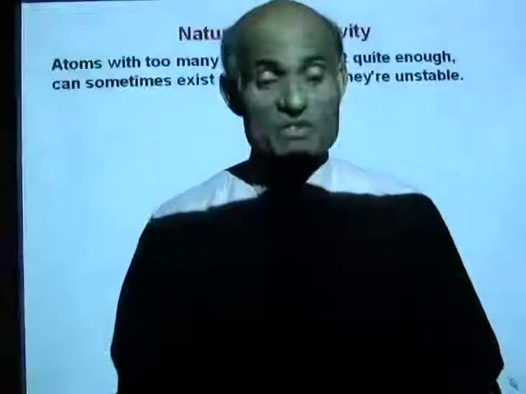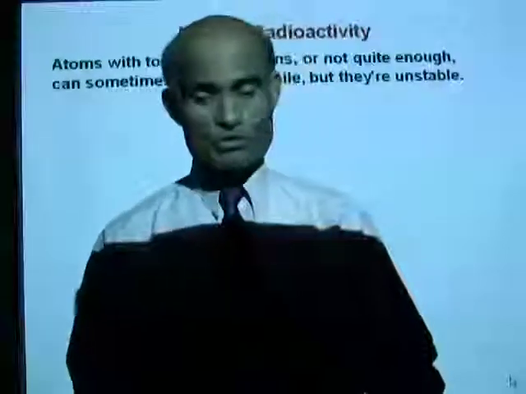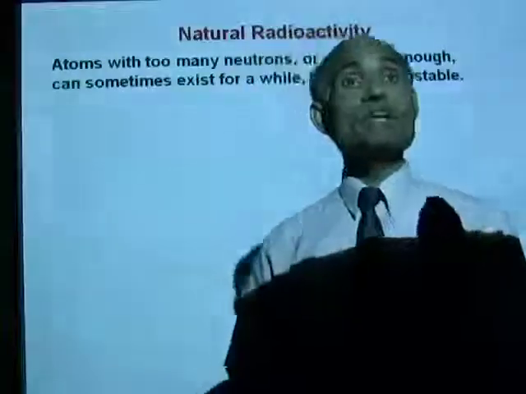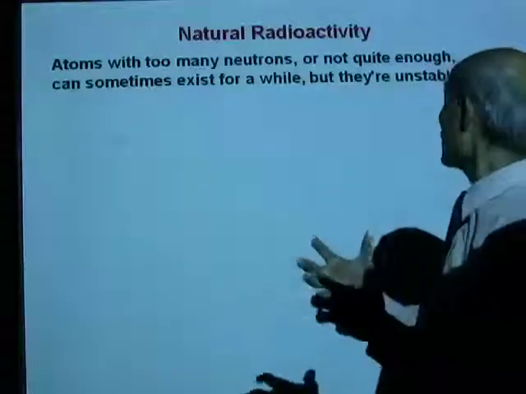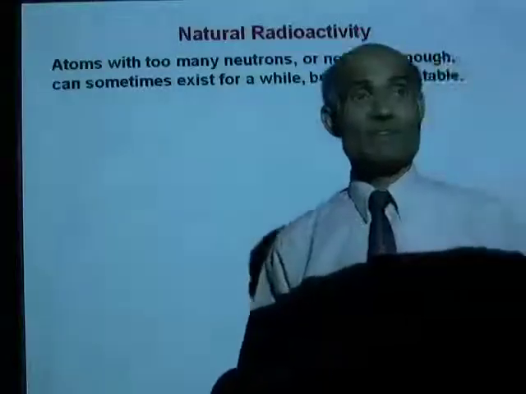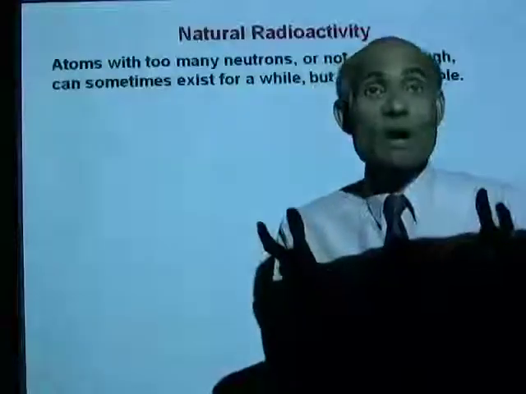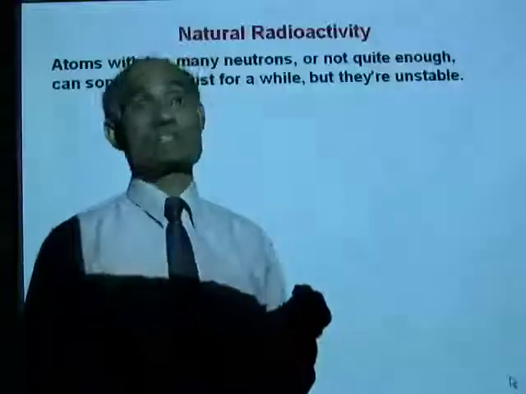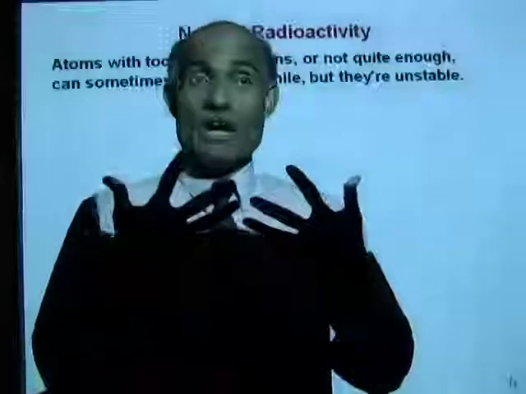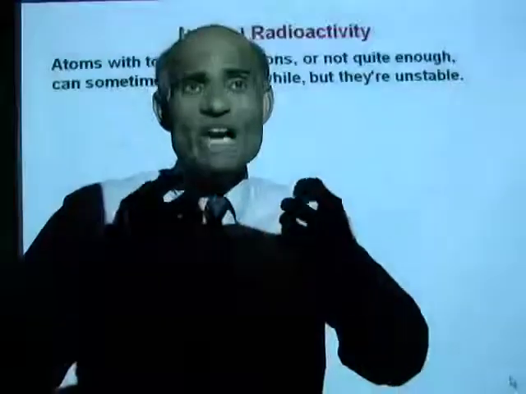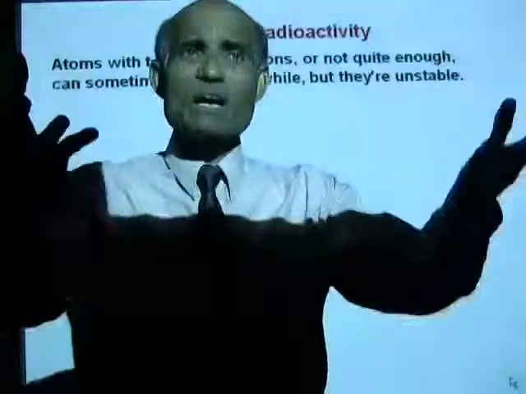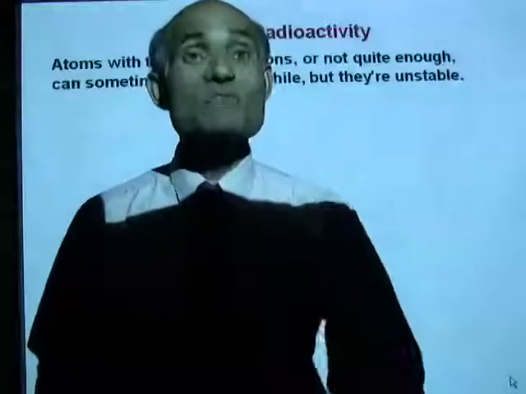So, what is an unstable nucleus? Atoms with too many neutrons or not quite enough can sometimes exist for a while, but they are unstable. Now, if a nucleus is unstable, it has to throw away a part of it to achieve stability.